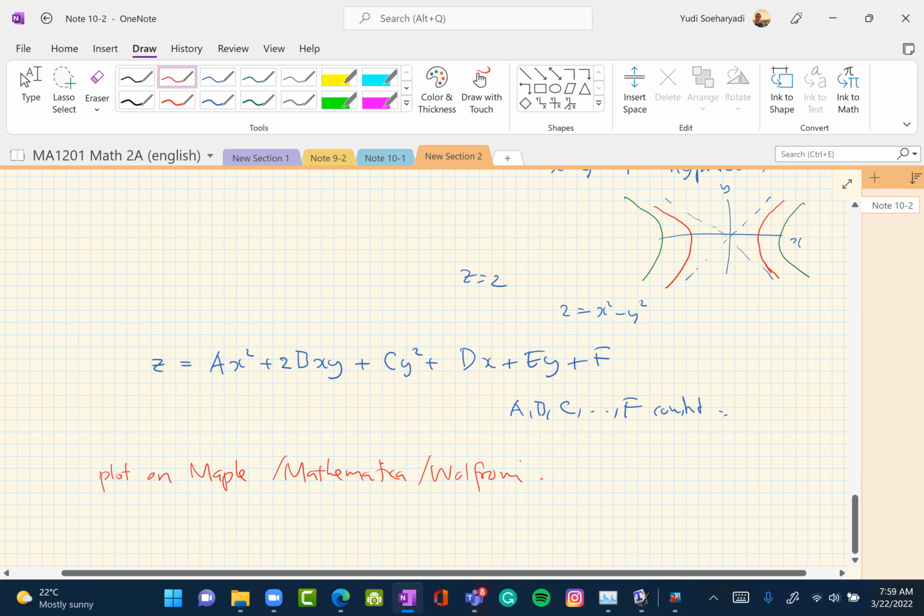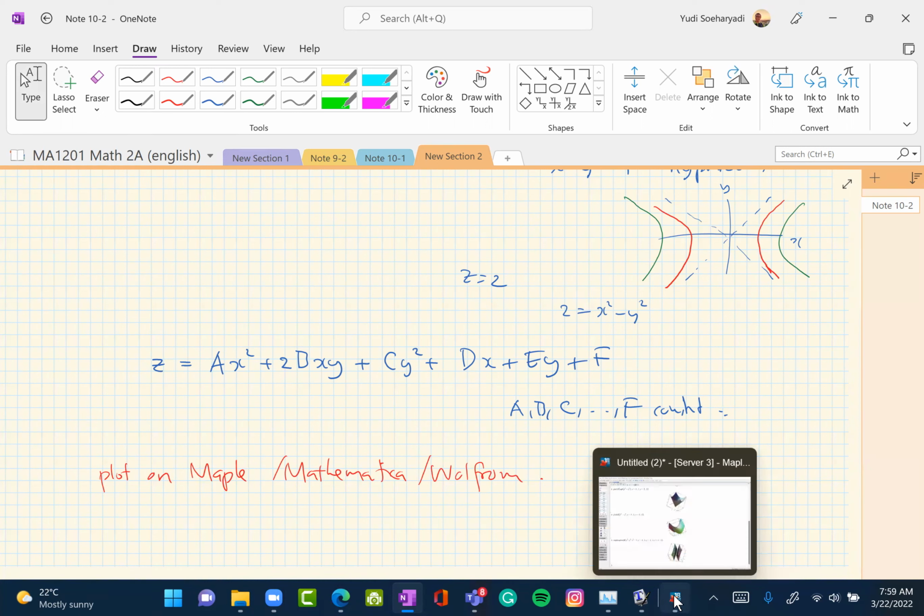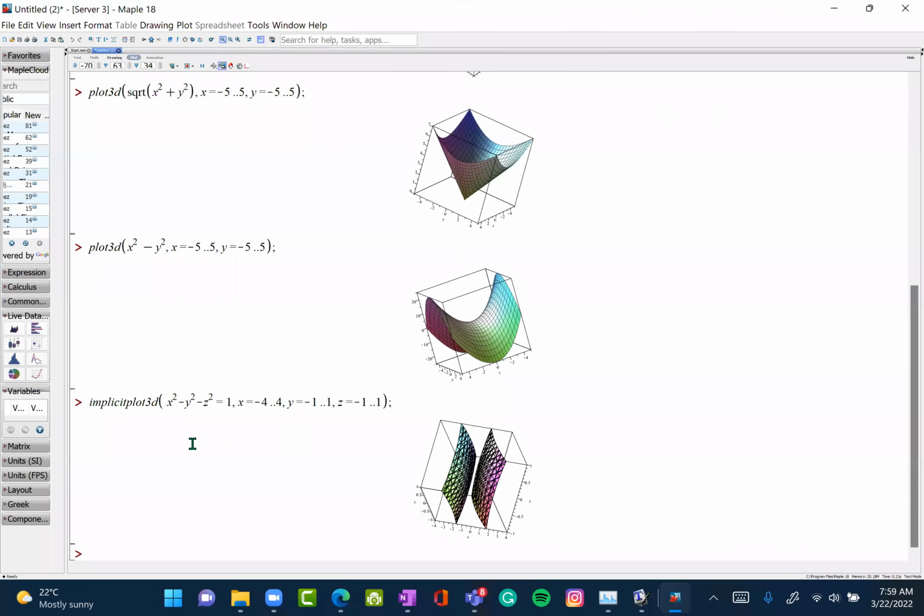Whatever you can use, your apps. And I hope that you can just play around with the apps and plot many things in 3D.